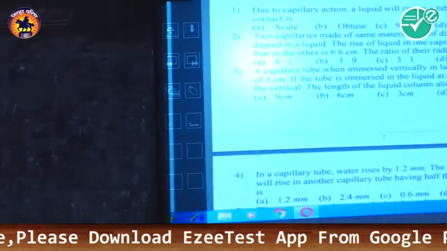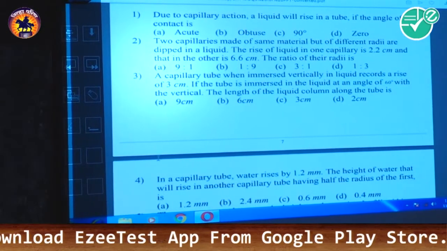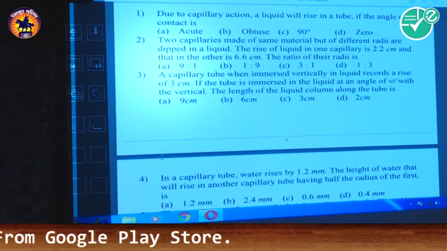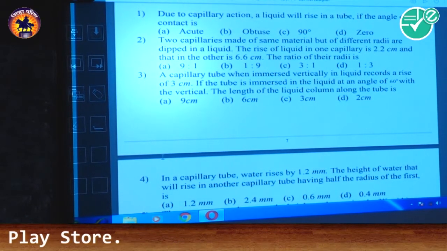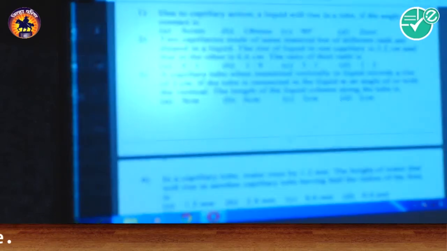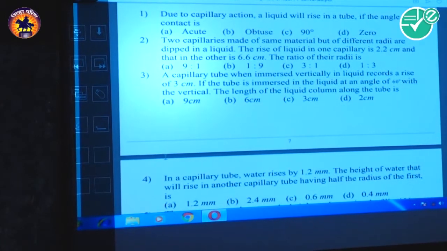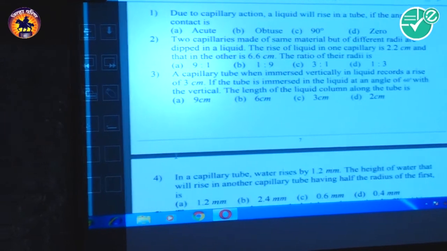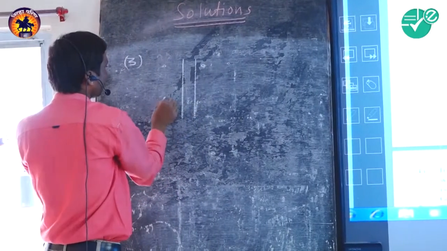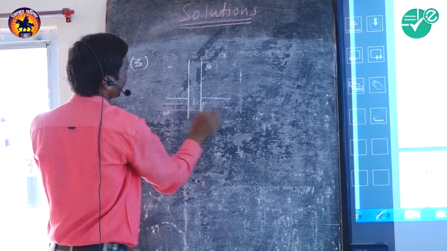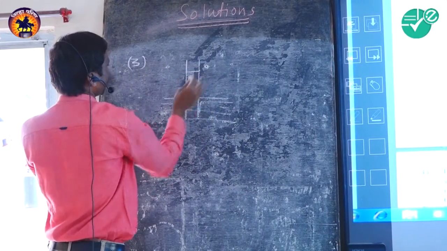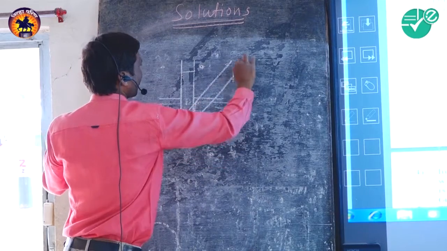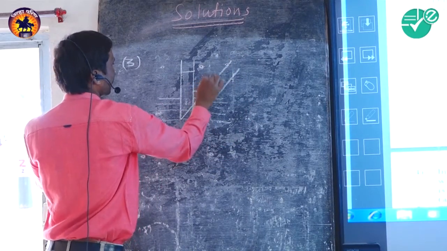A capillary tube, when immersed vertically in a liquid, records a rise of 3 centimeter. If the tube is immersed in the liquid at an angle of 60 degree with vertical, the length of the liquid column along the tube is. When the glass capillary is vertically dipped in a liquid, in this case the rise of the liquid is 3 centimeter, but it is tilted through the angle 60 degree.